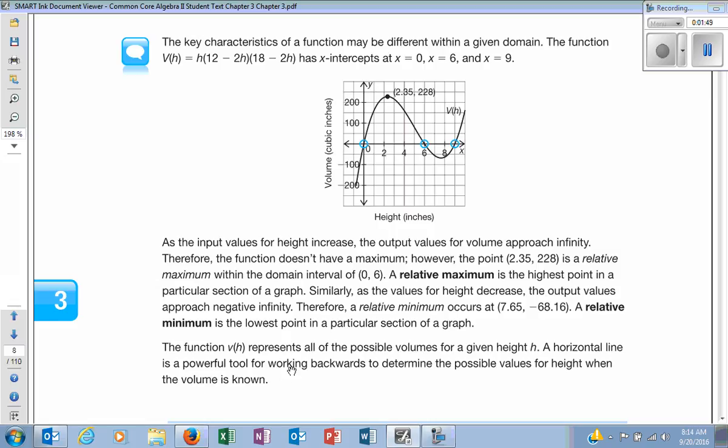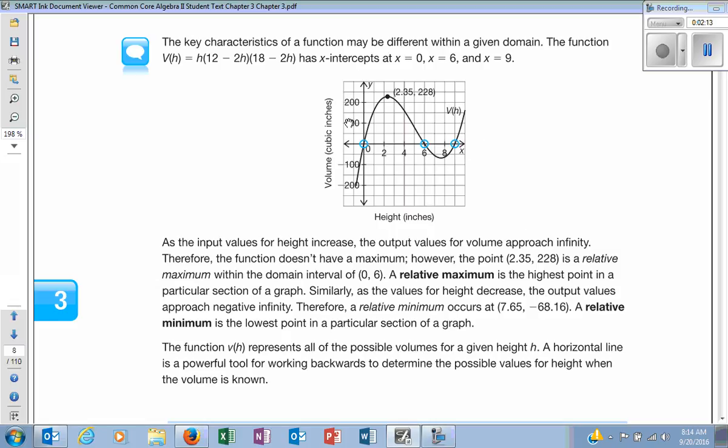With me? So does this graph have an absolute minimum? No. Because what does it do? Keeps on going forever down. You with me? Does this thing have an absolute maximum? No, this thing just keeps on going. But you see this particular part of the graph, this little section of it.